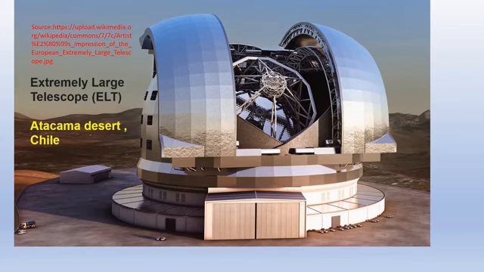You can see how big the mirror is. Look at the trucks and cars near the entrance, which are so tiny when compared to the mirror here. This telescope is used to observe celestial objects in space.